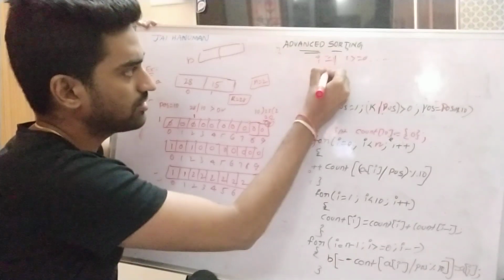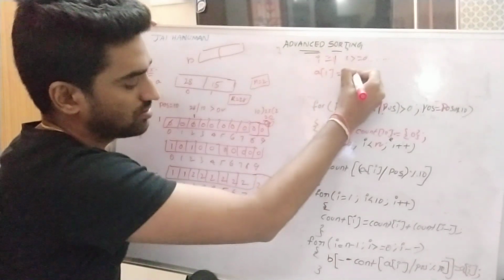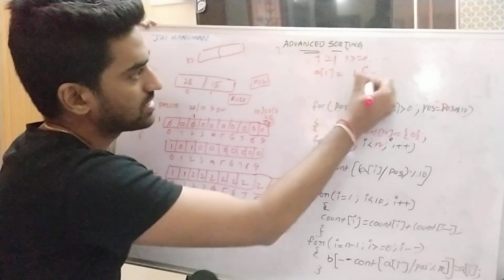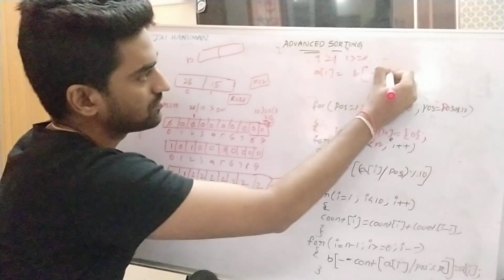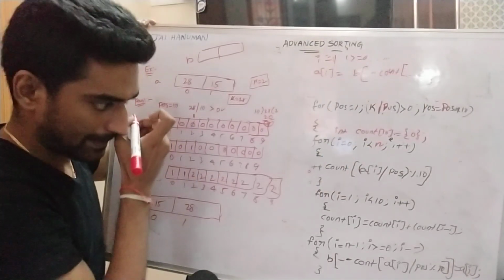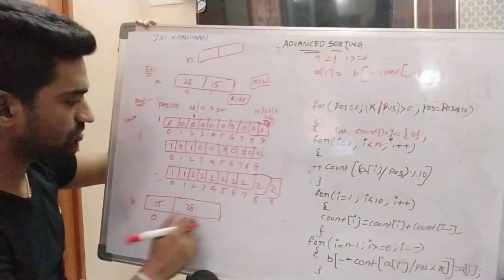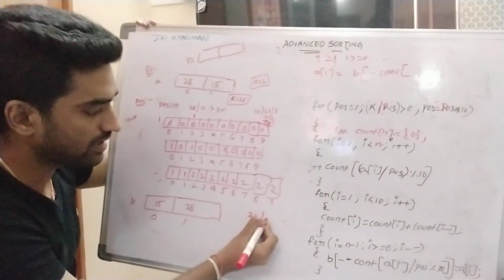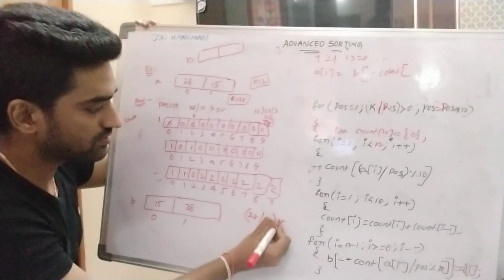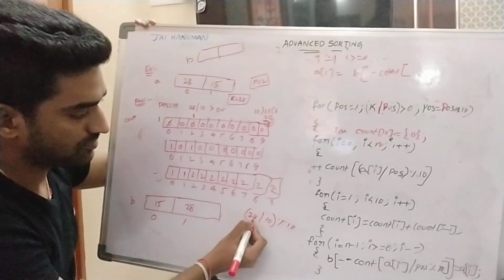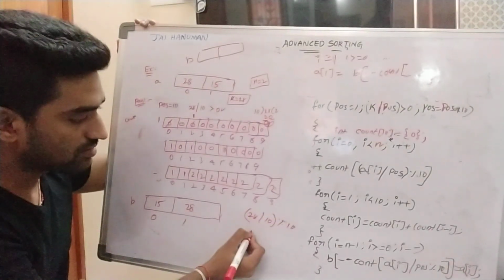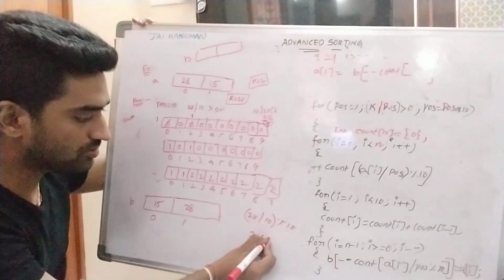So B of minus minus count of A of i is equal to A of i. What is A of i? So A of 1. What is the value of A of 1? 28. So 28 by 10, modulo division of 10. So 28 by 10 means 10 twos are 20, so 2.